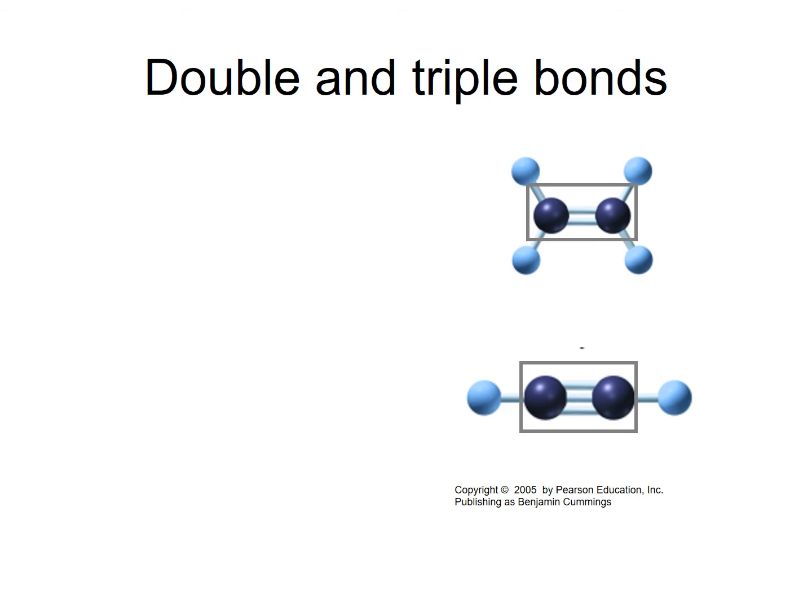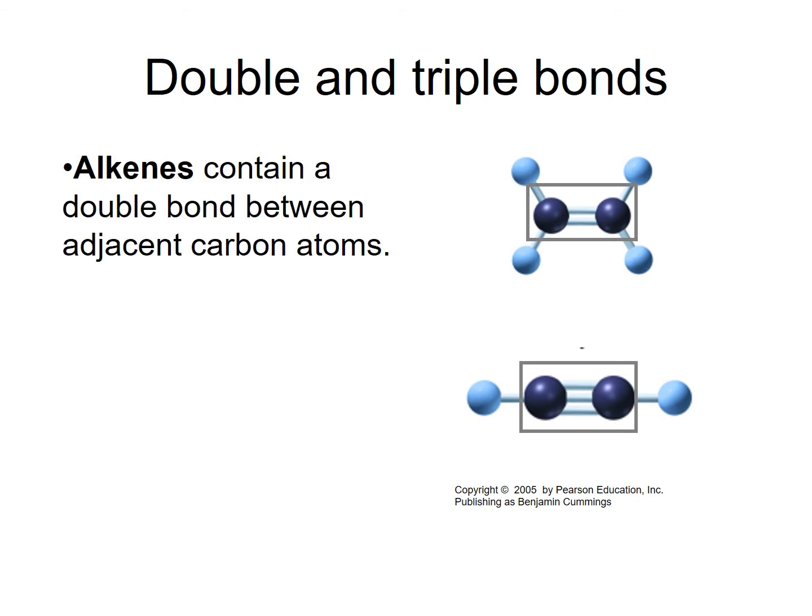Then another thing you can do without adding any new elements is to change up the bonds so that you have double or triple bonds. If you have double bonds, it's called an alkene. So notice the change in the suffix from ane to ene. So carbon chains with double bonds are called alkenes.